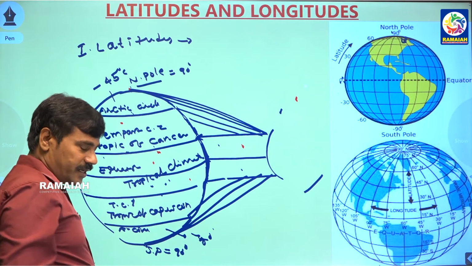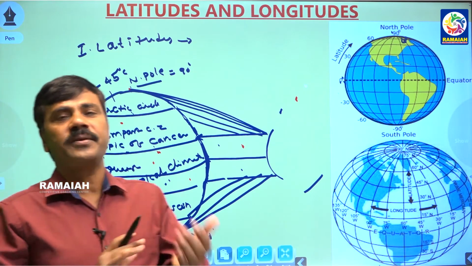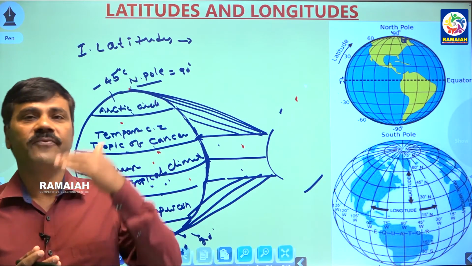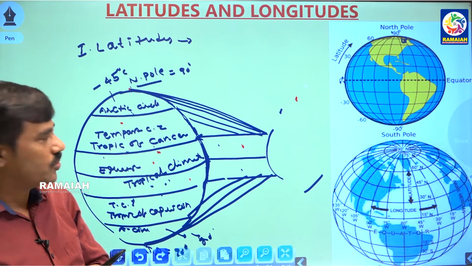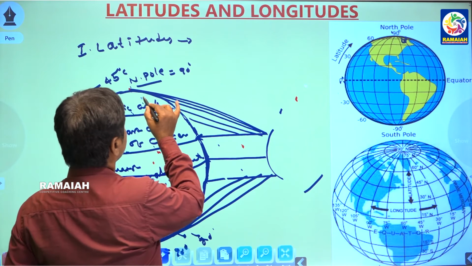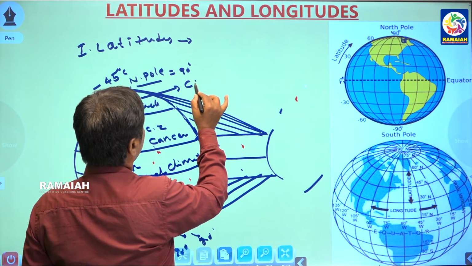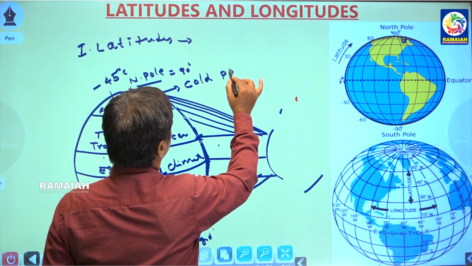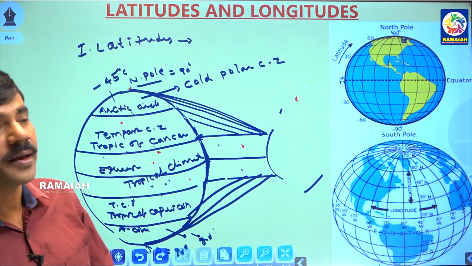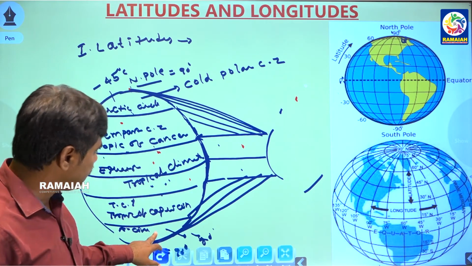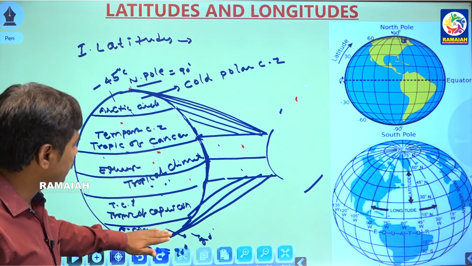So this region receiving minus temperature gets snow every day. That's why this region is called the cold polar climatical zone. This is also a cold climatical zone.